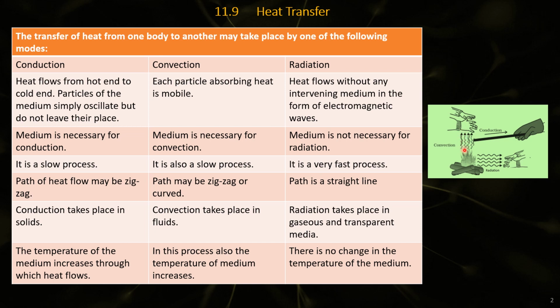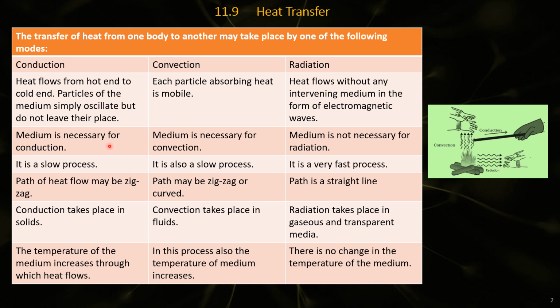In radiation, heat flows without any intervening medium in the form of electromagnetic waves. Please see the diagram on the right hand side. All the three modes have been explained. Here, the radiation waves are moving without any intervening medium, and it is felt by our human body.